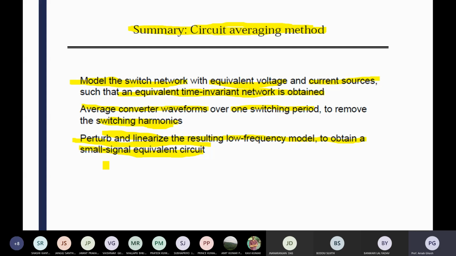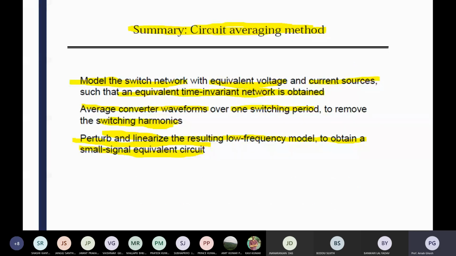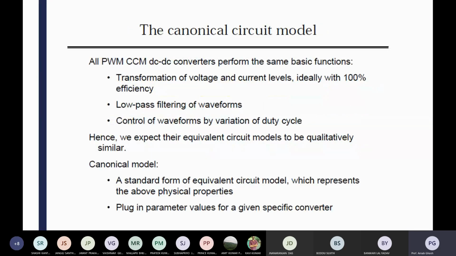If you face any kind of difficulty, you can ask me. Today I have covered up to the switched averaging model. In my next class, I'll discuss the canonical circuit model.